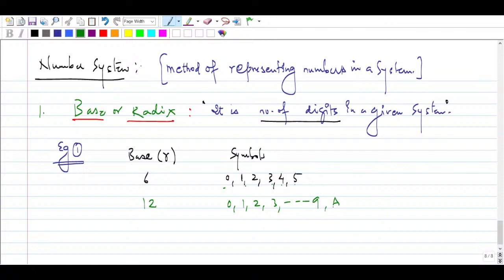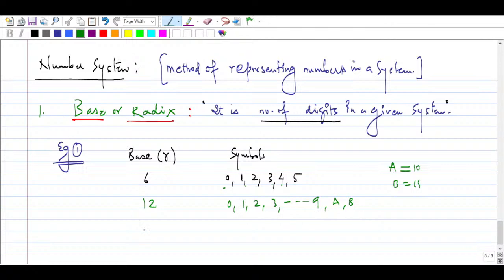After 9 you have to use some letters: A stands for 10 and B stands for 11. You count the number of symbols in base 12, so there are 12 symbols: 0, 1, 2, 3 up to 9, then A and B.